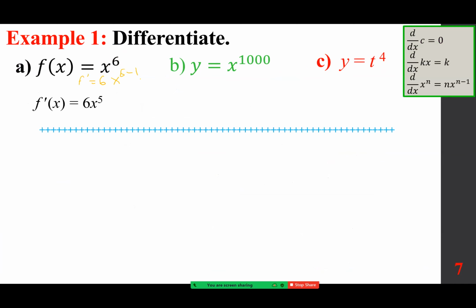So it's very straightforward. I'm just reminding you of the formulas we're going to use.